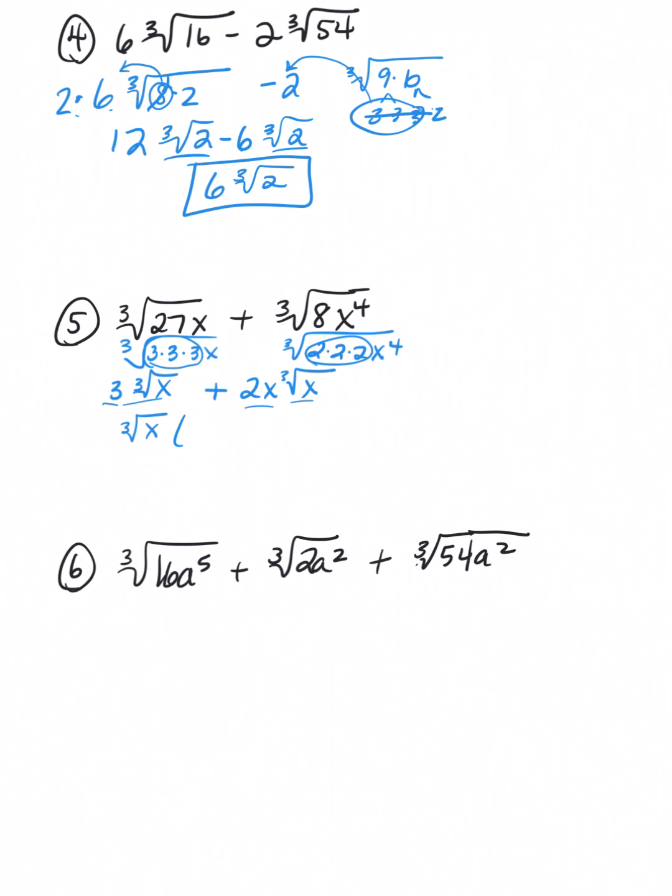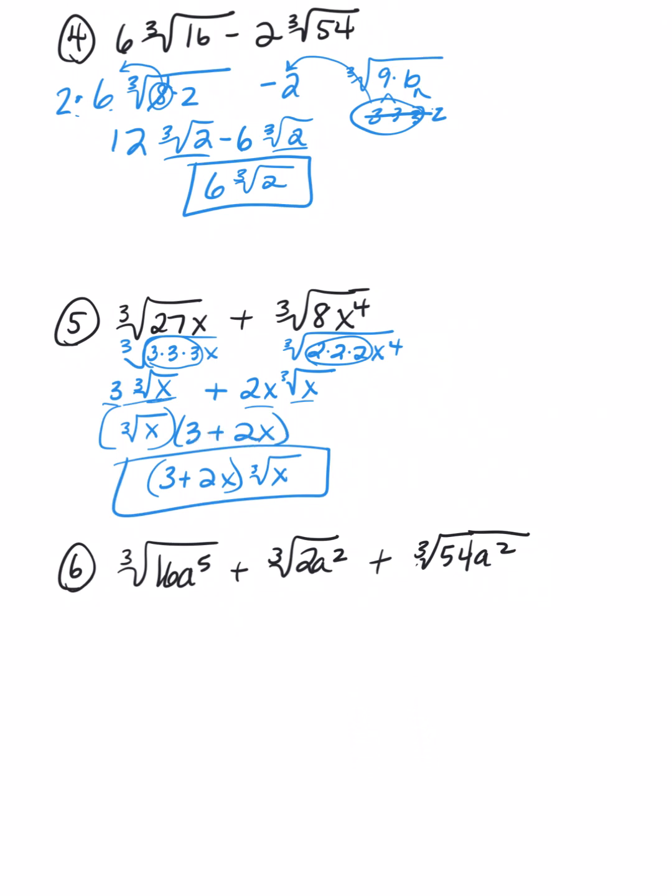But if I divide it out of both terms, then I'll have 3 plus 2x, right? Now we wouldn't write it like this. You would write your answer with the radical in the back end. All right? So even though you get your radicals the same, it may not allow you to combine. Because again, 3 and 2x are not like terms.